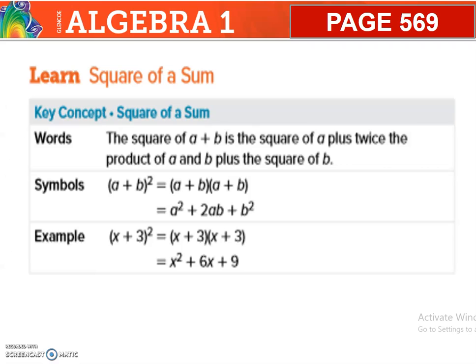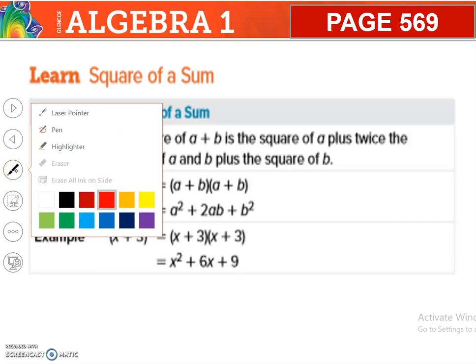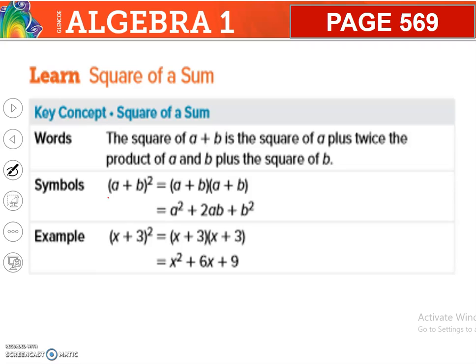When we talk about the square of a sum, if we're using a and b, so if we have a plus b and we are to find the square, this can be written as a plus b multiplying a plus b.